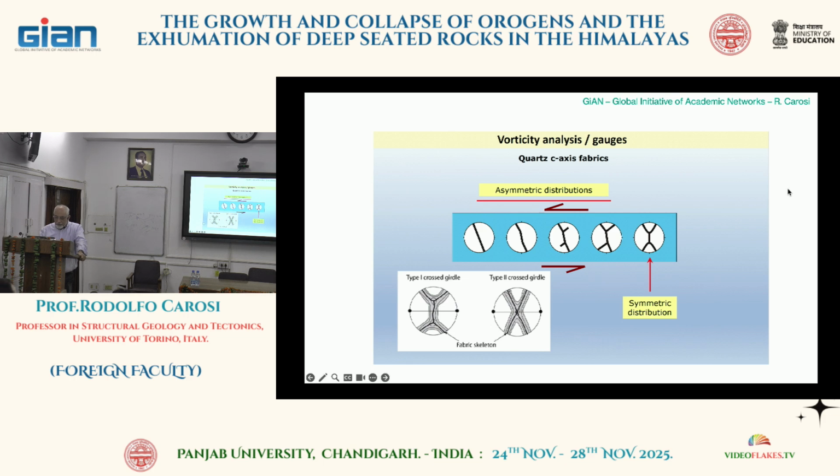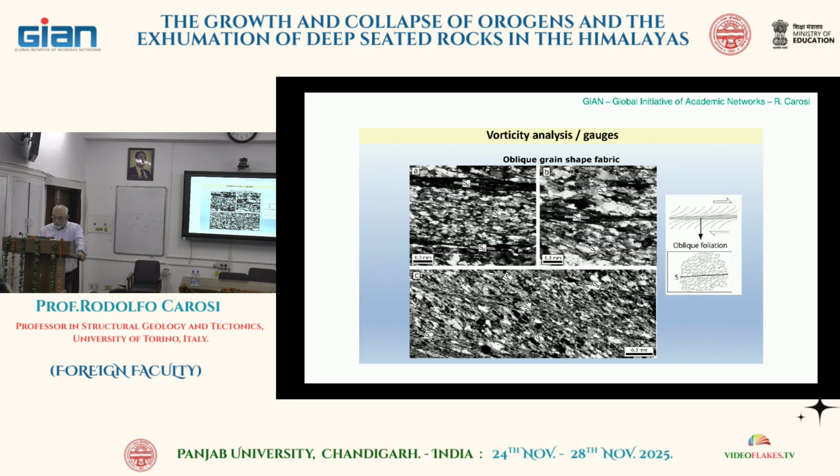For example, when you make a lot of measurements of quartz, you can have a symmetric distribution. So all the points are put in this shape. You have a symmetric distribution, maybe pure shear, or an asymmetric distribution like this that is related to a non-coaxial deformation component of simple shear. So it's useful.